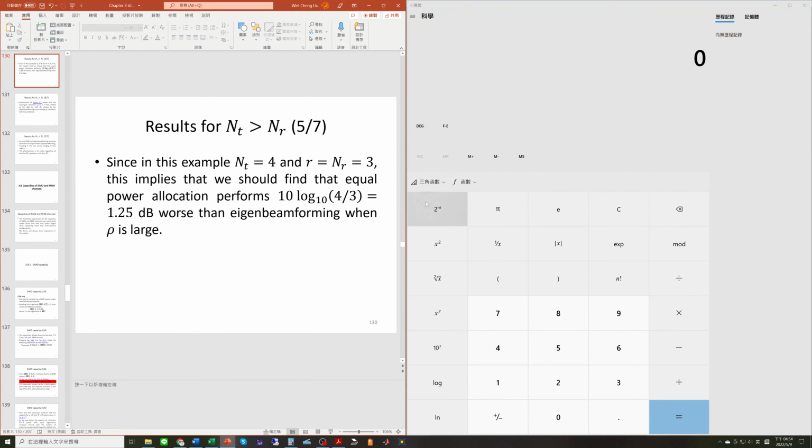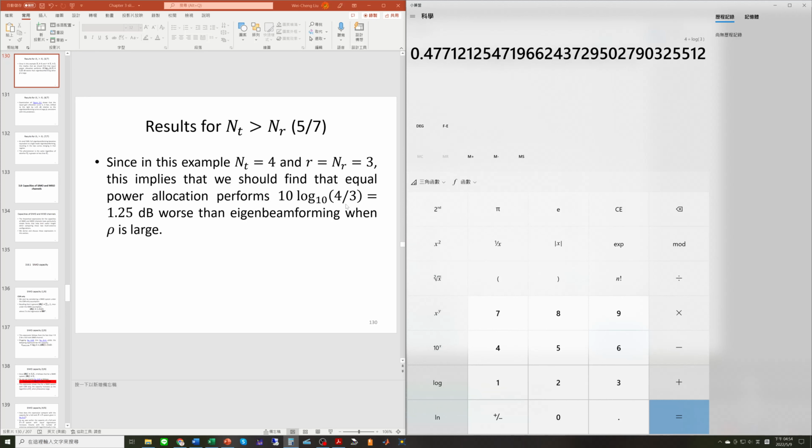So let us calculate 4 divided by 3 and take log 10, and times 10. Oh, sorry, not 4 divided by log 3.